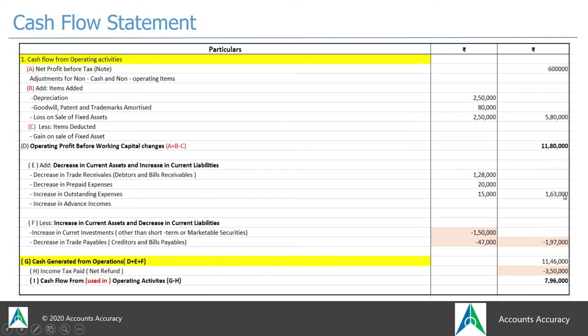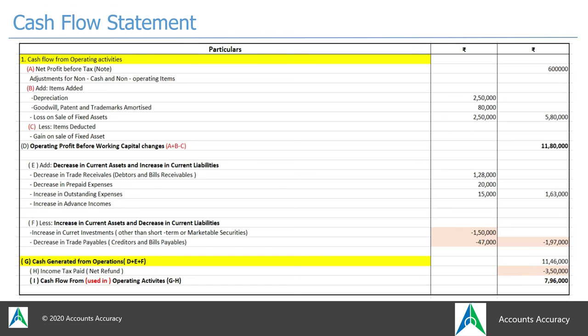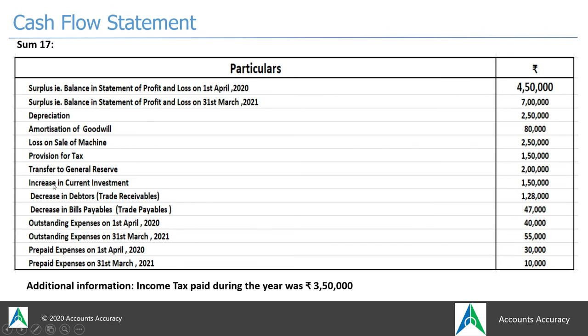Now from these two totals we will deduct the value of increase in current assets and decrease in current liabilities. In the question we have only been provided with two items, that is current investment and trade payables. You can see here the increase in current investment, that is current asset is increasing, and the other item, trade payables, is decreasing.